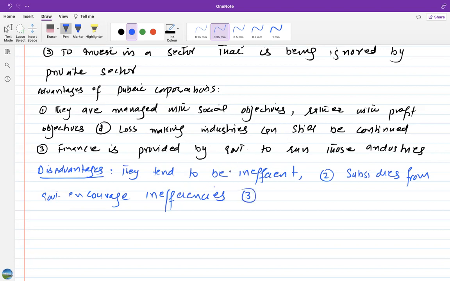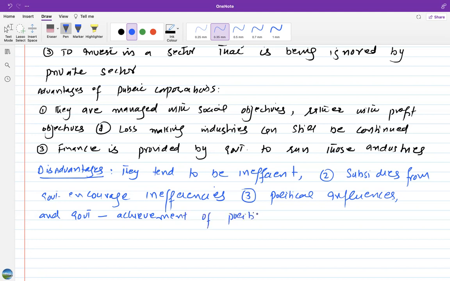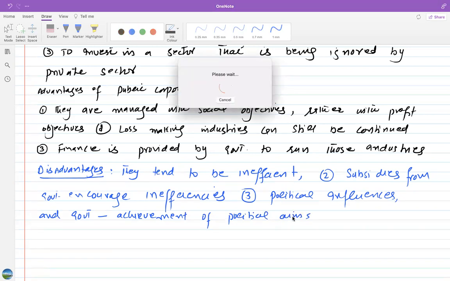Third, government interferes in such businesses because of political reasons. For example, there are elections nearby that are coming. What government can do, government can use such businesses for political reasons.